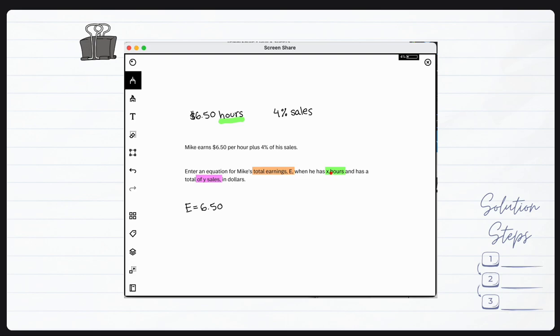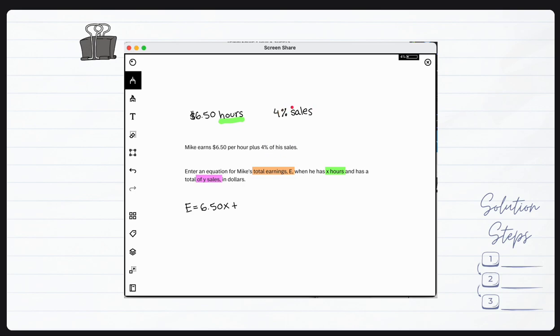But we know that hours is represented by the variable X, so instead of writing out hours, we're going to write X. Plus, it's pretty easy to translate that, so let's add that plus sign.